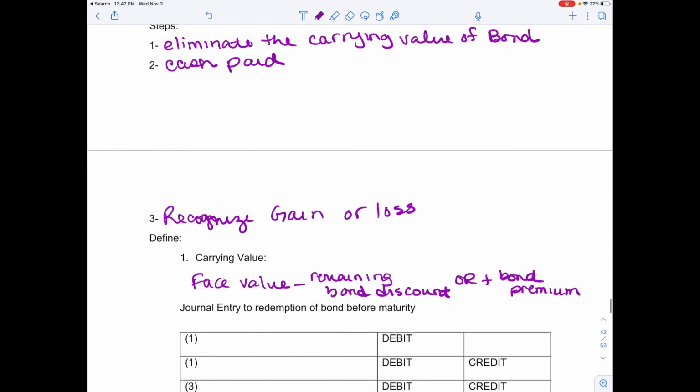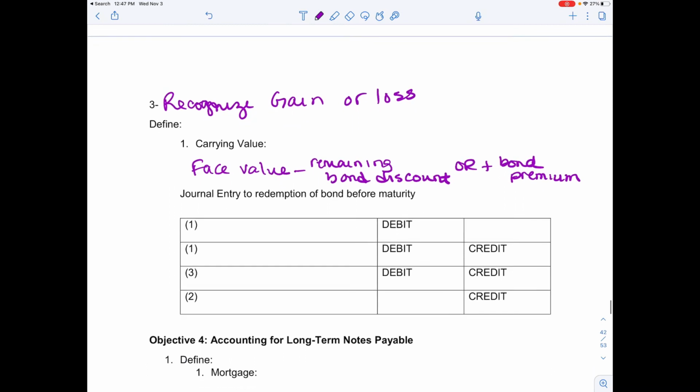And that's going to give you the carrying value, because we want to make sure that both that face value of the bond and that bond premium or discount are eliminated from the books. So kind of like think about your closing entries. We're getting rid of the bond payable, which has a normal credit balance. So we're going to debit that bond payable.